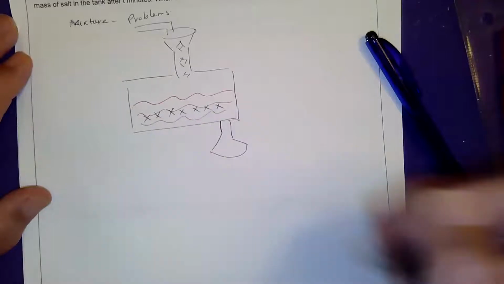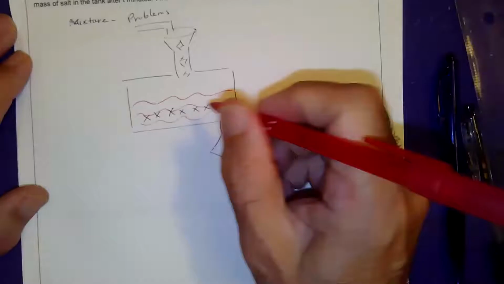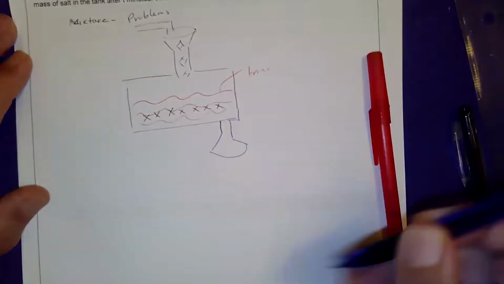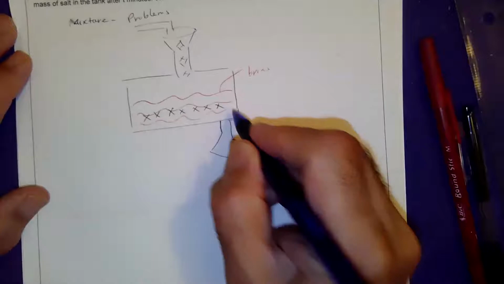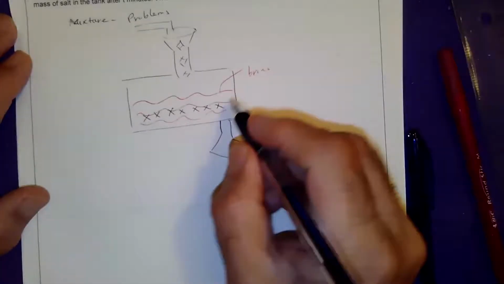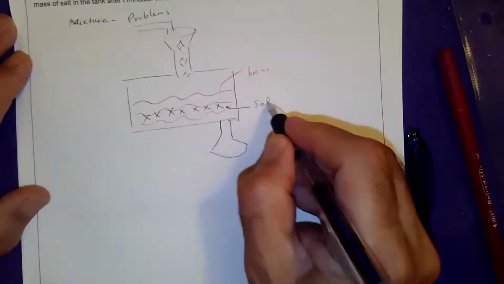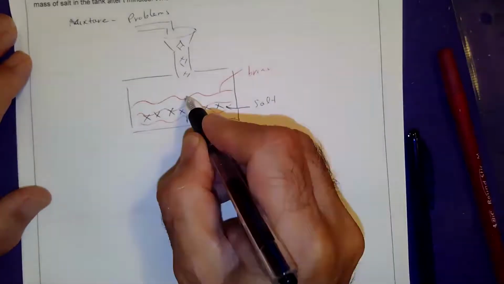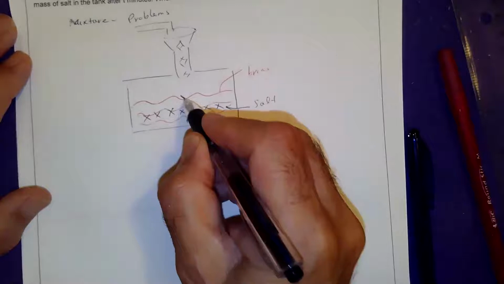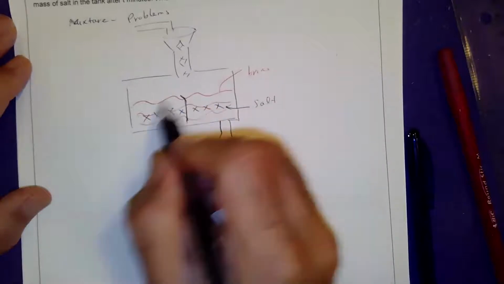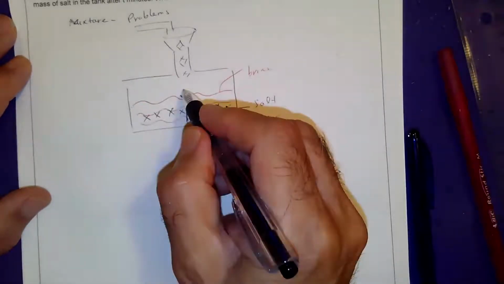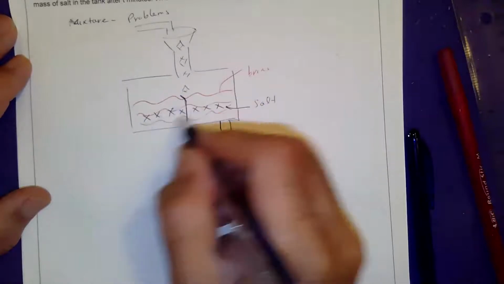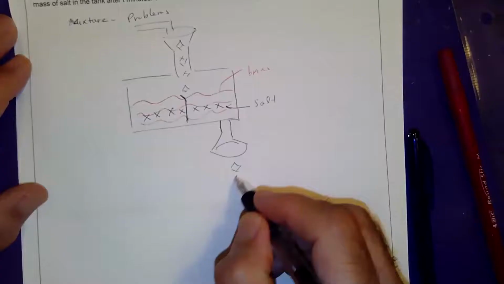So this red line happens to be the brine, and these crosses are the salt. Now they have a little device here which stirs the solution uniformly as the brine enters the tank, and then it flows out.